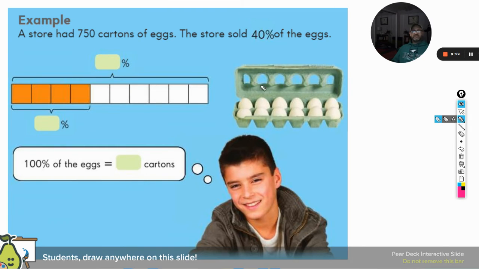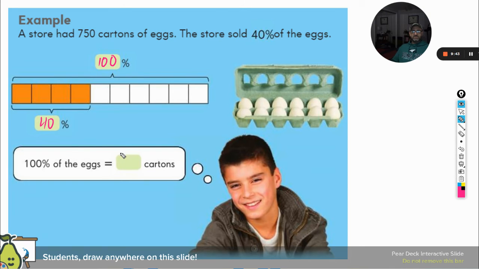The store's got 750 cartons of eggs. The store sold 40% of the eggs. Okay. 100% of the eggs is 750 cartons. I'm going to assume that's not the entire problem.